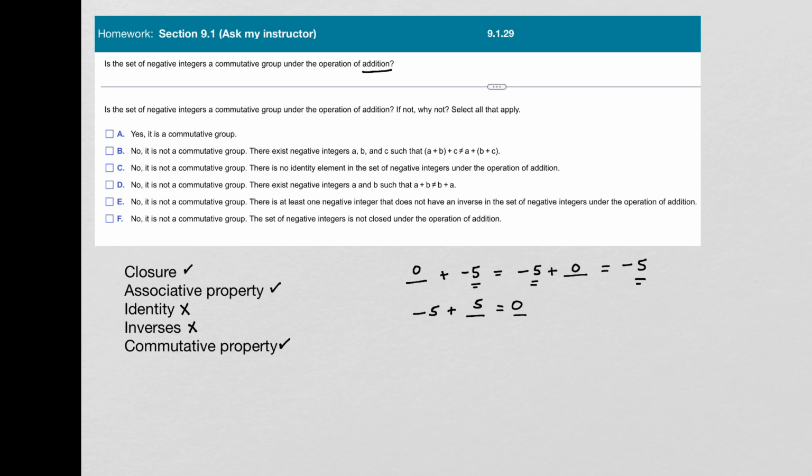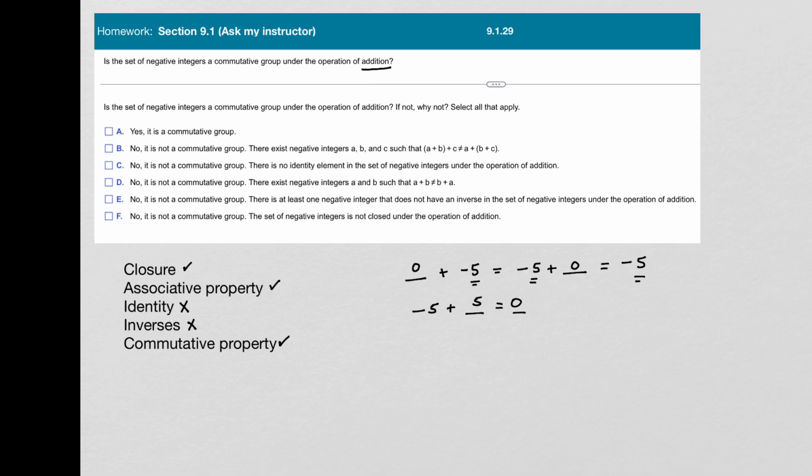So we're going to say no to identity and no to inverses, and if any of these properties don't hold, then we're going to say it's not a commutative group. So I'm looking for no identity element, and that's C, and no inverses is E, and so that's my answer for that problem.